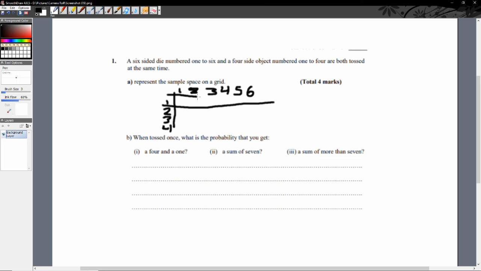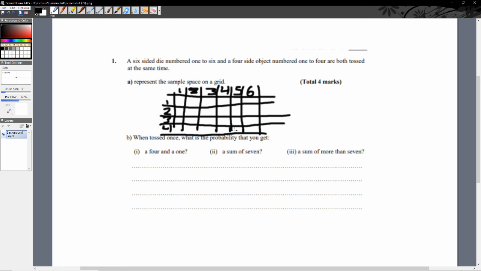Now here you can just draw a grid separating into spaces all of these different sections, and each square here represents one possible outcome. It's a little small for me to write it here on my computer, but you understand: you can either get a 1 and a 1, so this box is 1, 1. You can get a 2 and a 1, so this box is 2, 1.